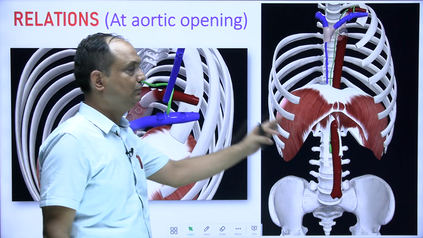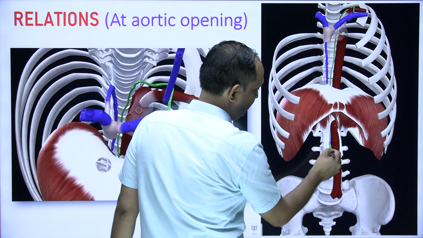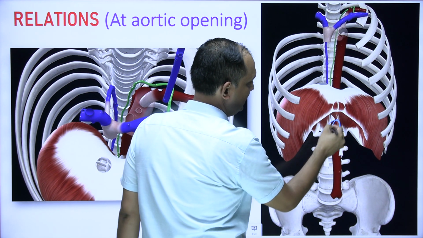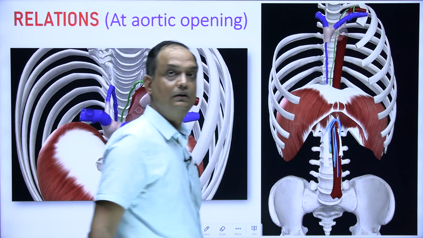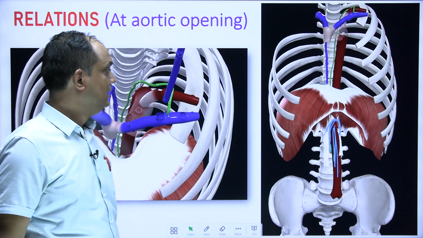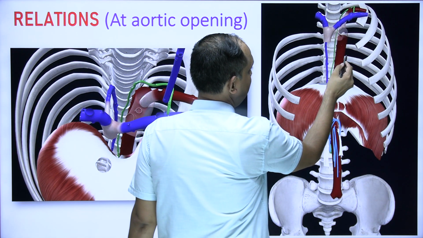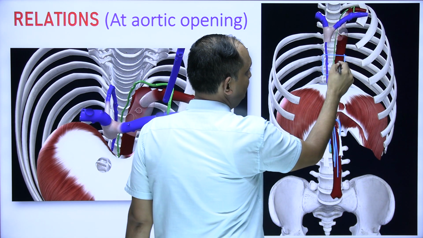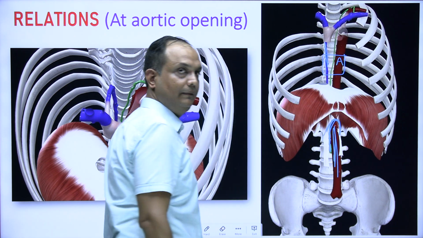Now, in these two diagrams again you can appreciate the formation of the thoracic duct, this is your median arcuate ligament, and this is your big vessel, your aorta. Now, when you see above, in this frame there are three structures. On the left side you have aorta, on the right side your azygous vein.